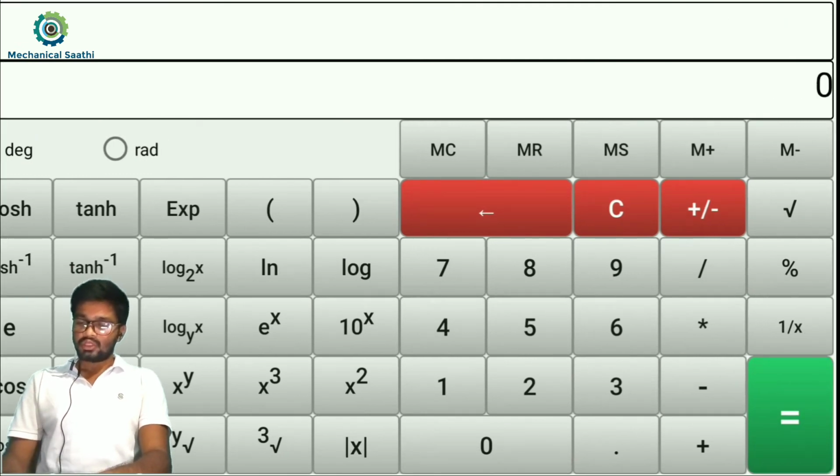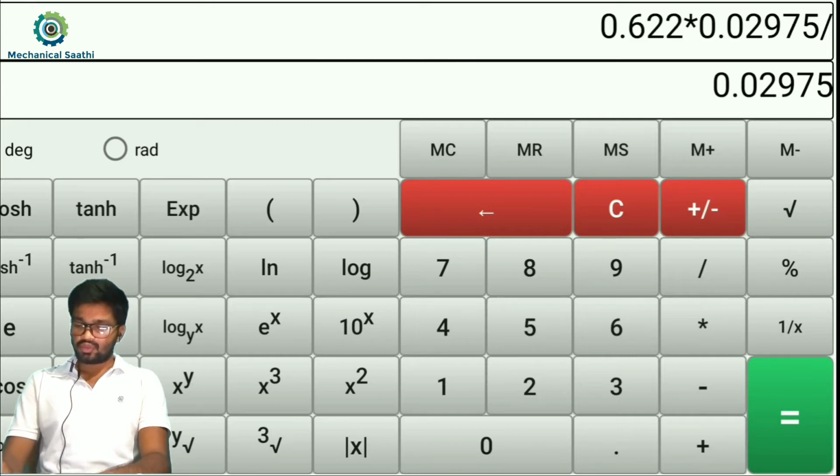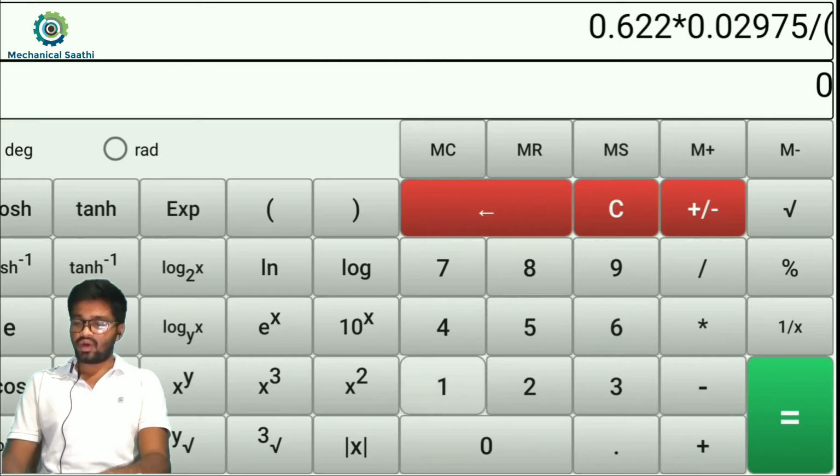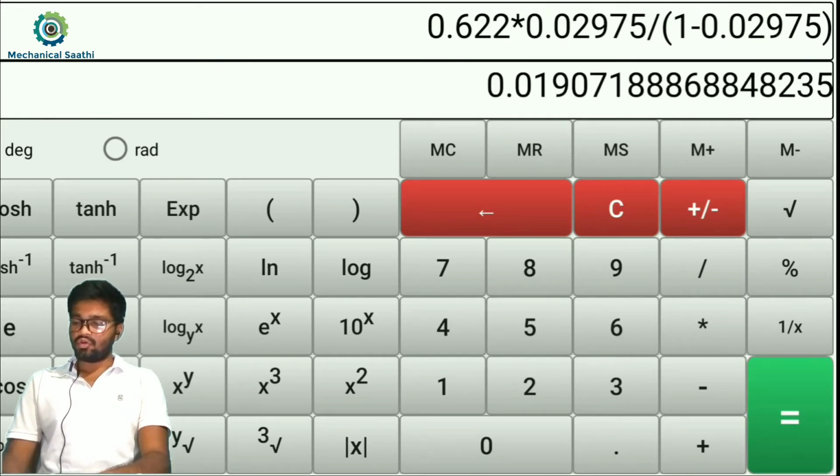So W can be calculated as 0.622 into PV, that is 0.02975 in terms of bar, divided by, let me use this bracket, 1, that is the total pressure, minus again PV, that is 0.02975. Let me close the bracket. Now this will be the value of specific humidity.